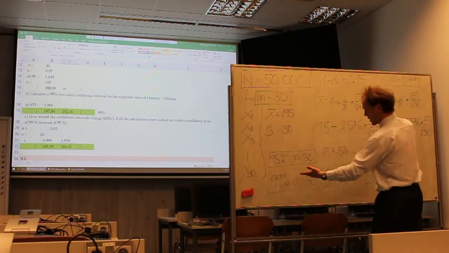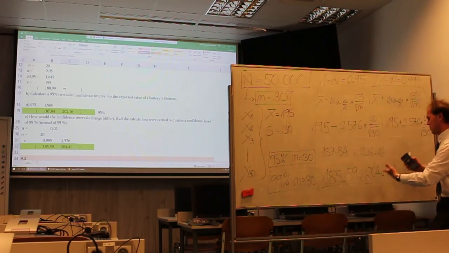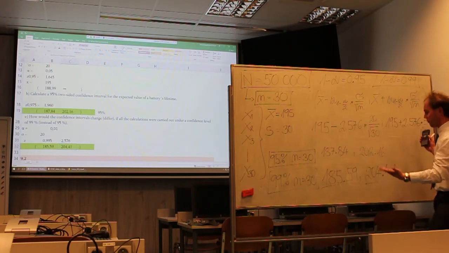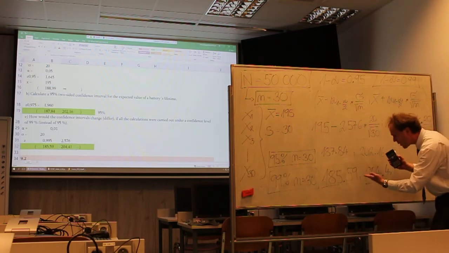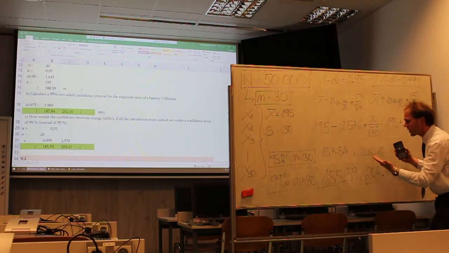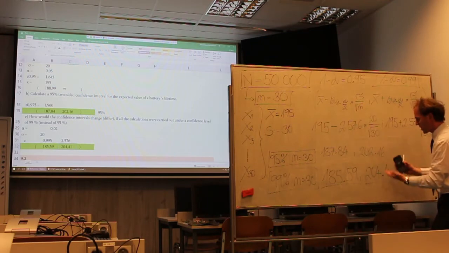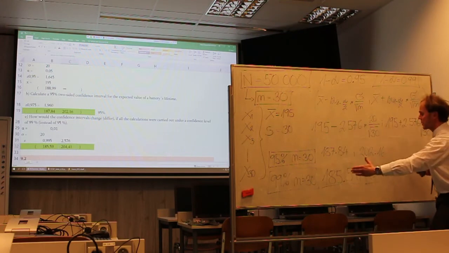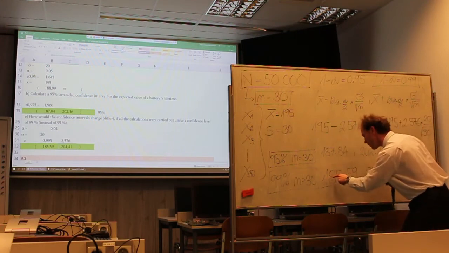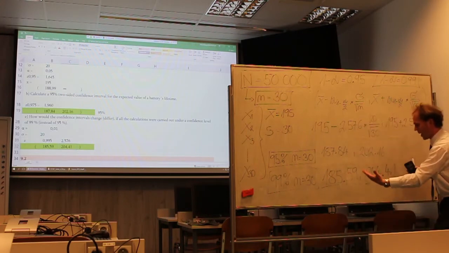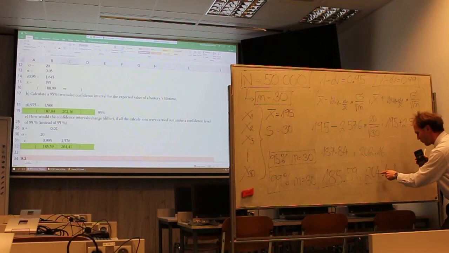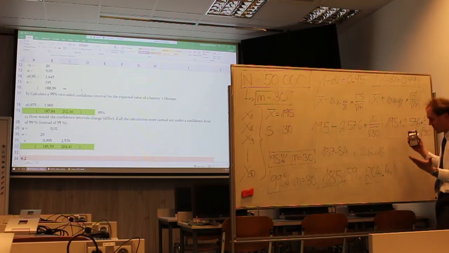A higher confidence level, 99%, means that we have a wider confidence interval, because we require 99% probability that the battery lifetime will be inside this interval, at least 185.59 days and at most 204.41 days.